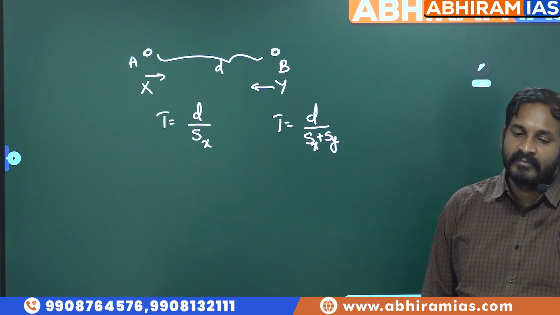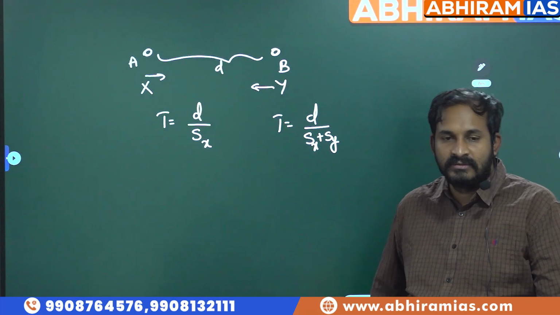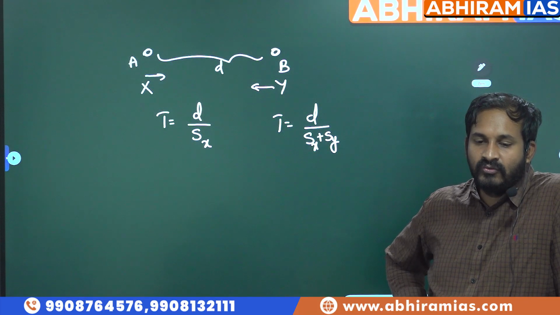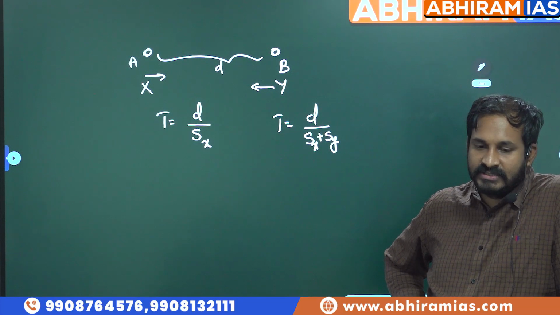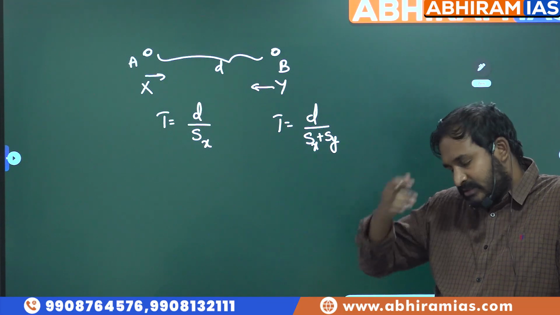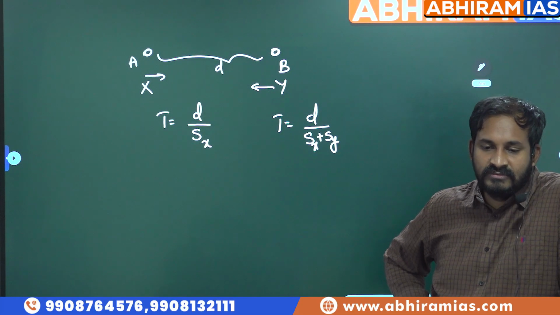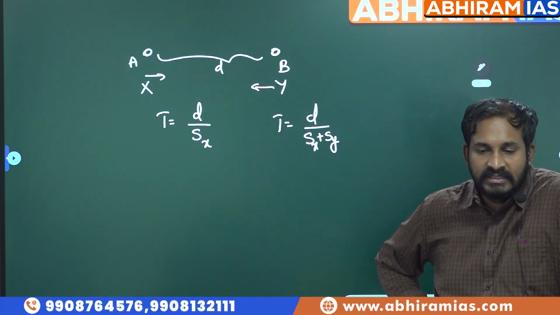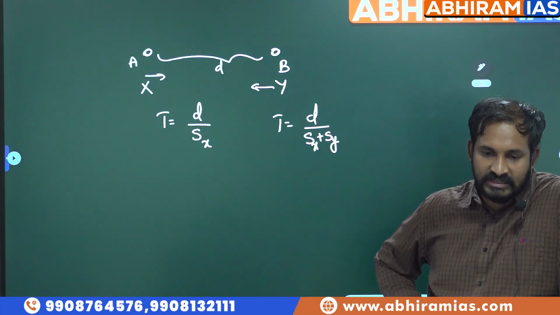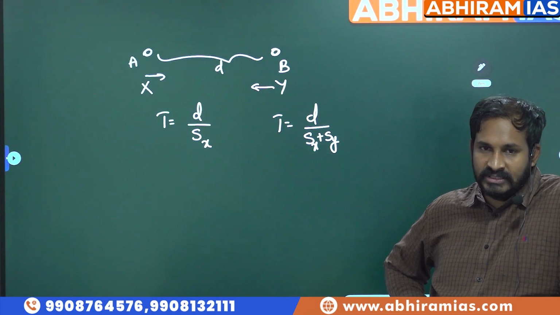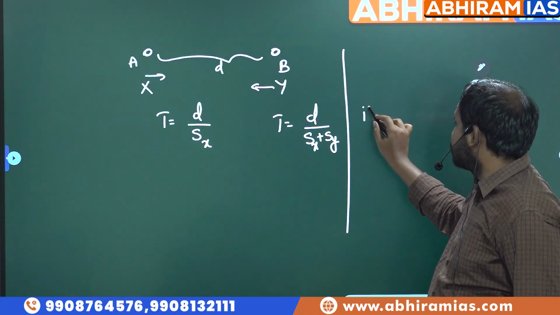Relative speed between two objects moving with speeds s1 and s2 is, below that, write down first.